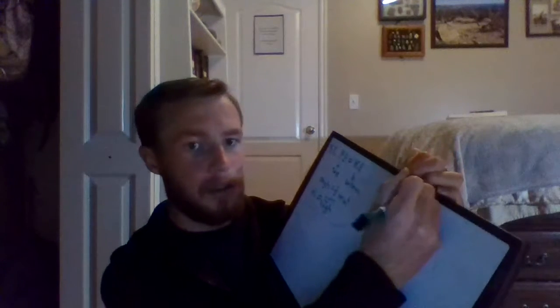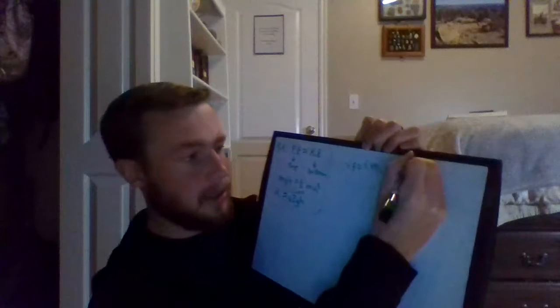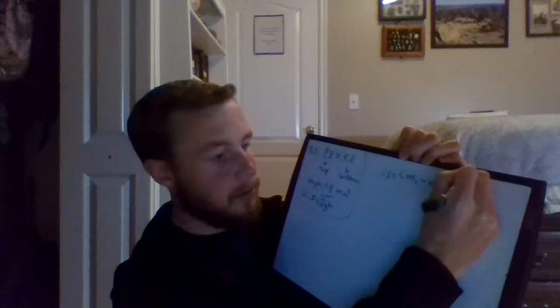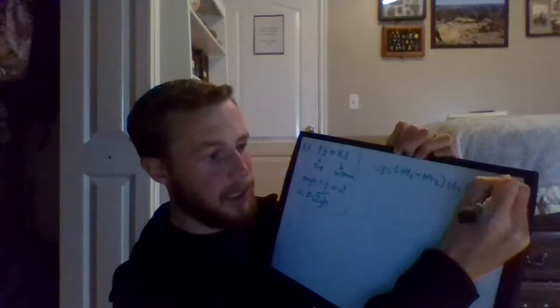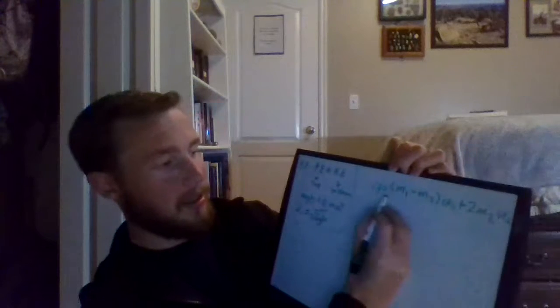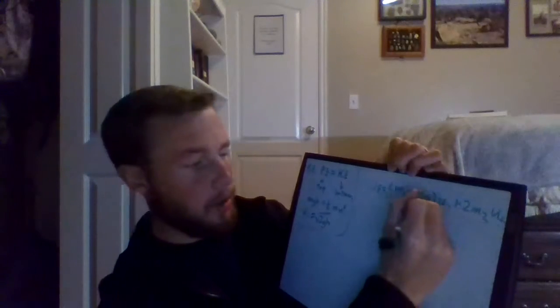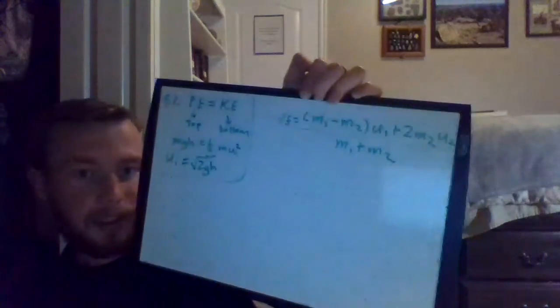According to the momentum equation in elastic conditions, the final velocity of the first package, v f of 1, is going to equal the mass of the first minus the mass of the second, times the velocity of the first, plus 2 times the mass of the second times the velocity of the second, all over the mass of the first plus the mass of the second.